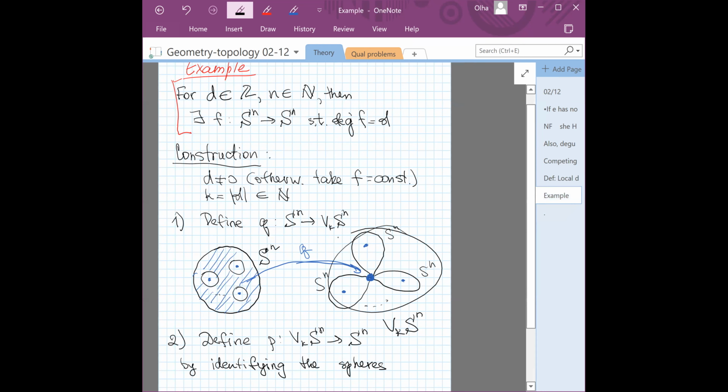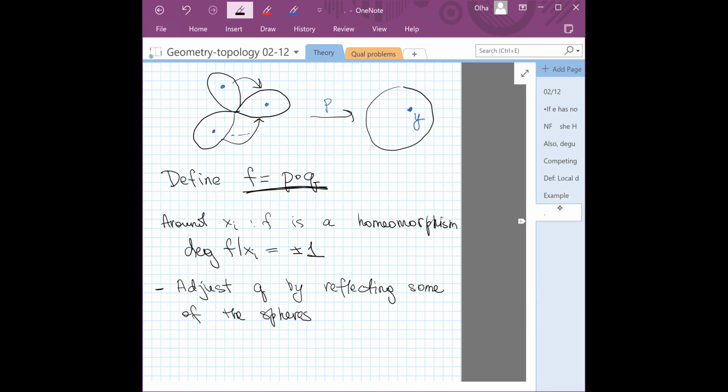So right here at this point, we could reflect some of the spheres like this. And everything will pretty much stay the same, except we change the orientation of this map, this set around the point Xi, which will change the degree of F around point Xi. Then we have degree of f at xi.